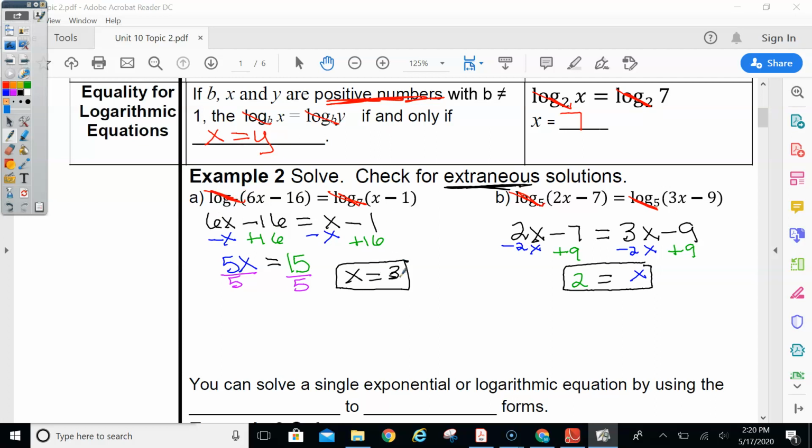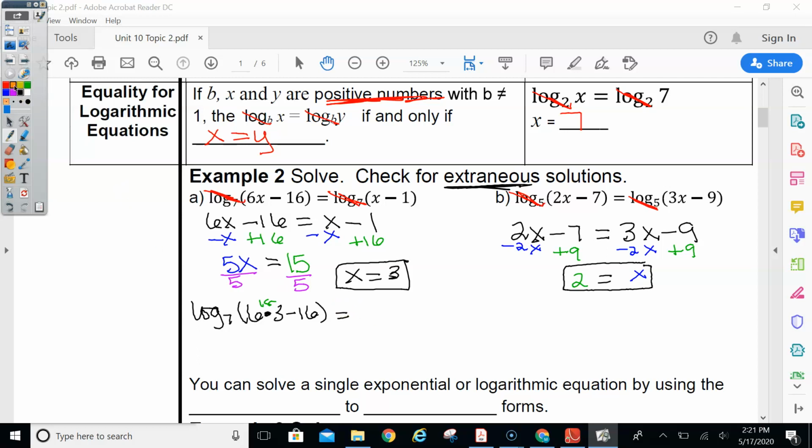Okay, so if we plug a 3 in here, we're going to have log base 7 of 6 times 3 minus 16. So here we get 6 times 3 is 18. 18 minus 16 gives us 2.